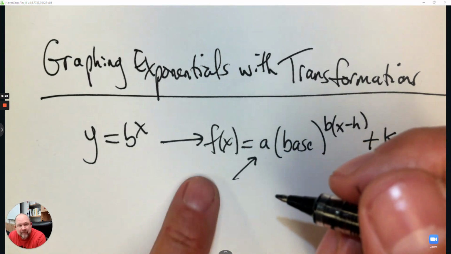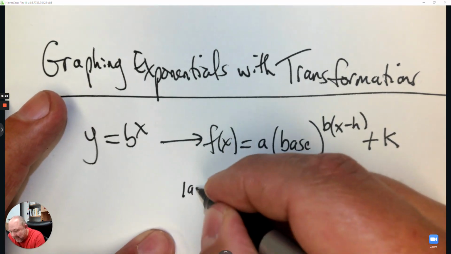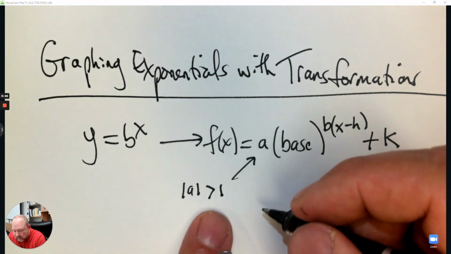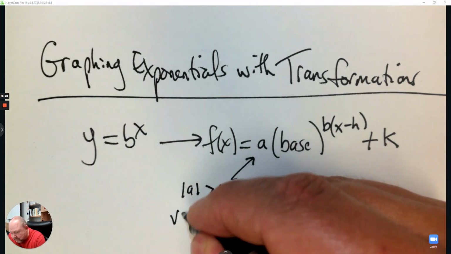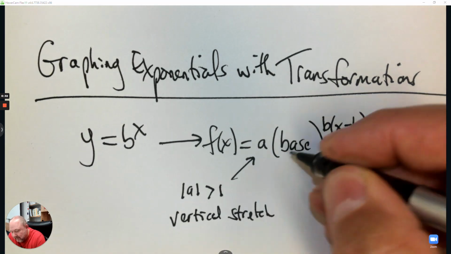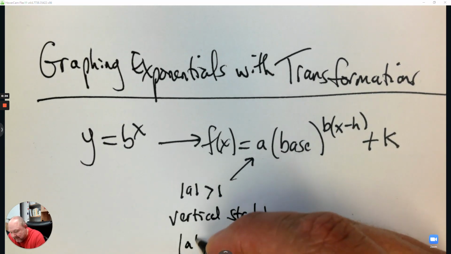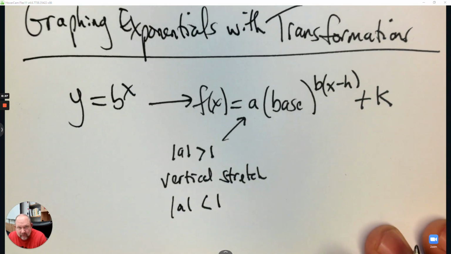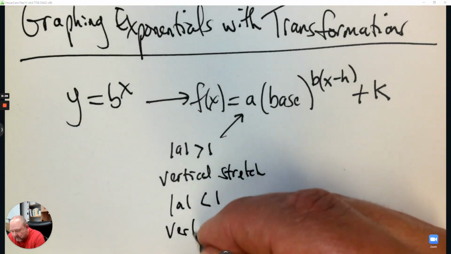So if a, and it's the absolute value of that, if that's bigger than 1, then that's what's called a vertical stretch. If the absolute value of a is less than 1, a fraction, then it's a vertical compression.